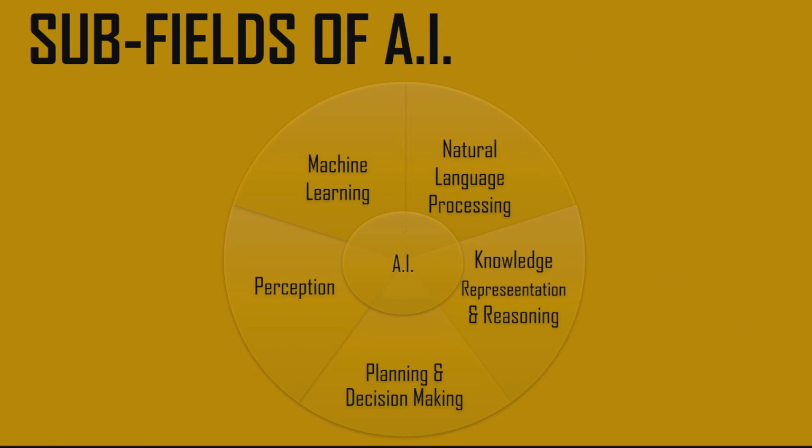So now let's move on to talking about artificial intelligence. Artificial intelligence has majorly five categories, and that is machine learning, natural language processing, perception, knowledge representation and reasoning, and planning and decision making. Of course, a few of these fields also have intersections within themselves. For example, machine learning has intersections with computer vision, which is part of perception.